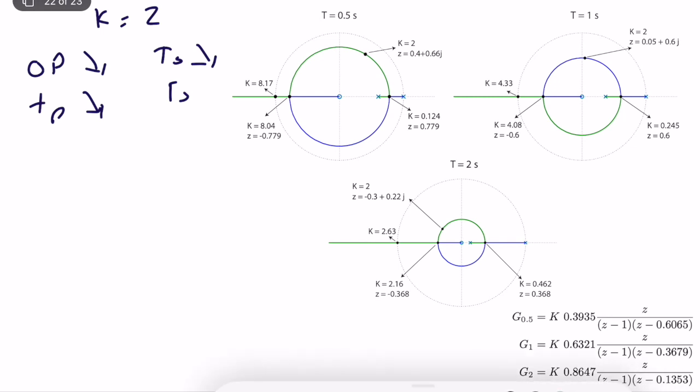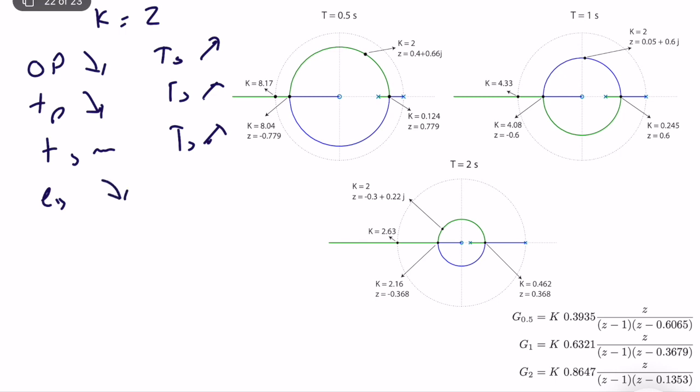Okay, this is wrong, as sampling time increases, overshoot and peak time increase. Settling time stays the same, which is interesting. And the steady state error, for ramp-like inputs, it also decreases, no, increases. I think I made a mistake.